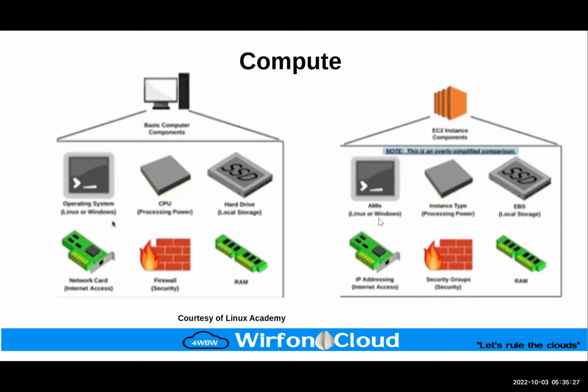Then you also have a firewall in your basic computer, and in EC2, it will be a security group. Then you also have random access memory. So in a nutshell, the components are almost the same, they do almost the same thing. So you think of your EC2 as like a basic desktop computer that you use, but it's in the cloud.